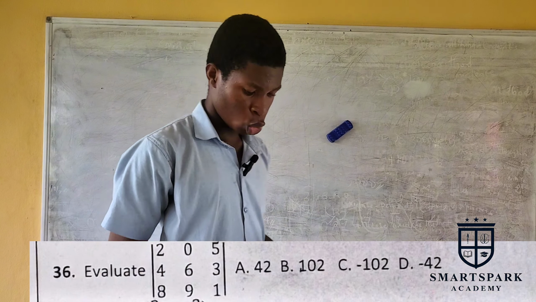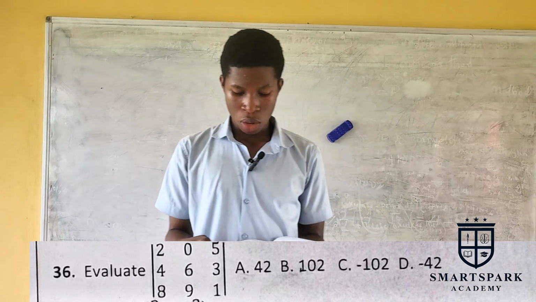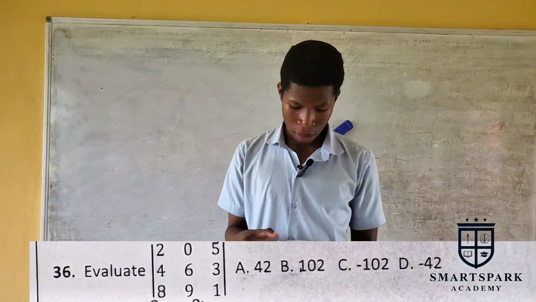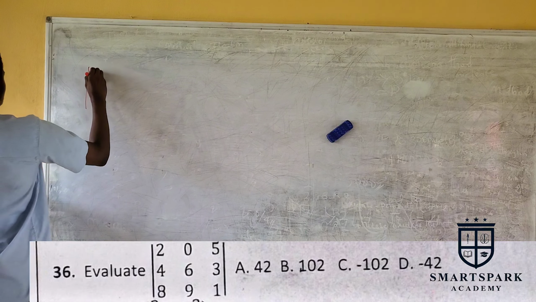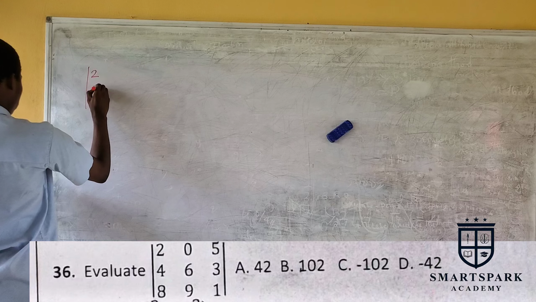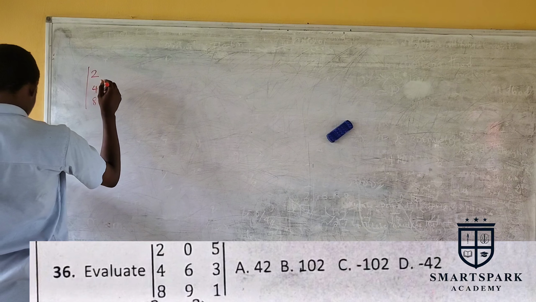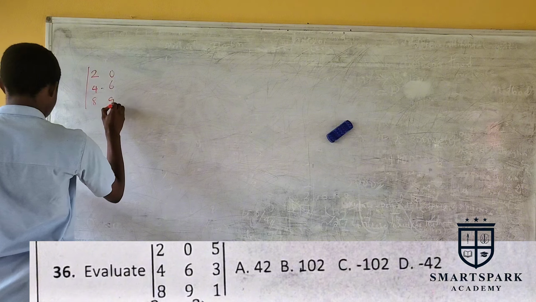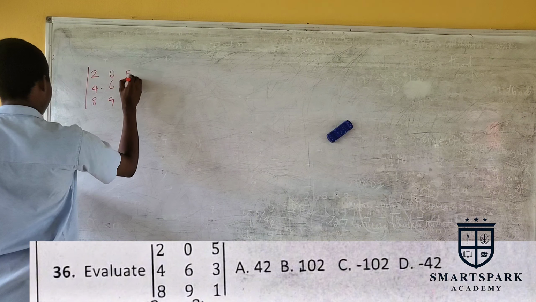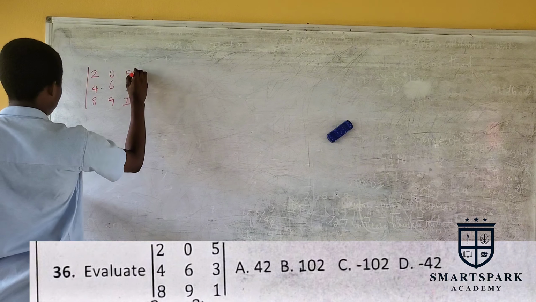Question 36 is a 3x3 matrix whereby we are asked to find the determinant. So this is 2, 4, 8, 0, 6, 9, 5, 3, 1.